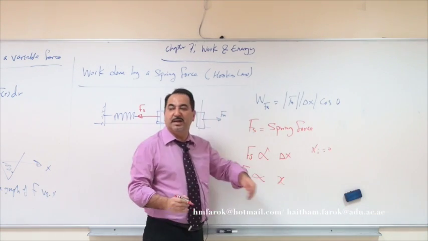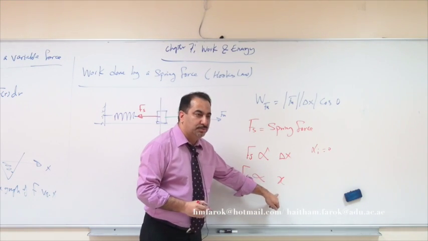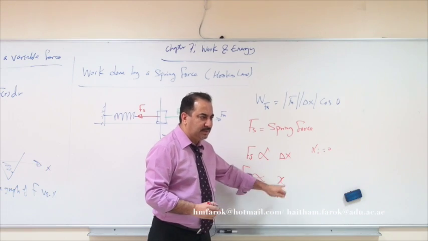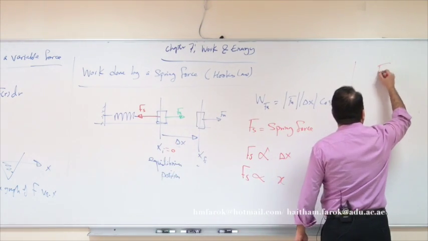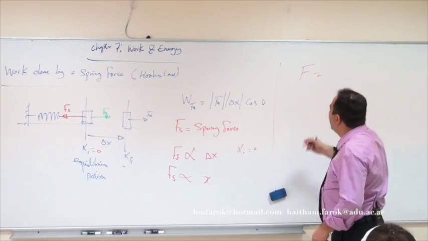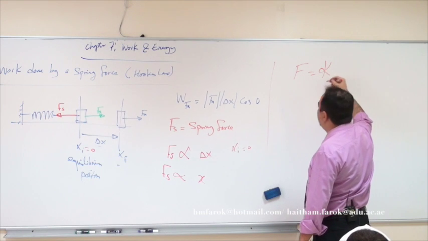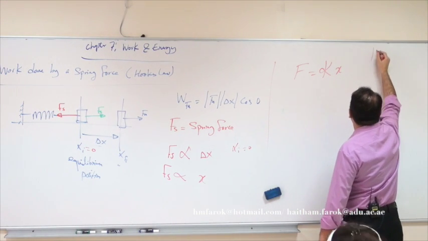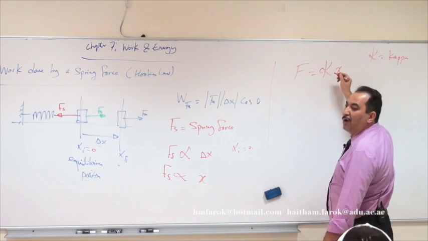But which x does this mean? X, the final position, or the extension. There is no need to put delta x, that's x. To remove the proportionality, you need a constant. The constant, we call it kappa, not k, kappa, with a loop. Kappa x. So kappa is a constant.